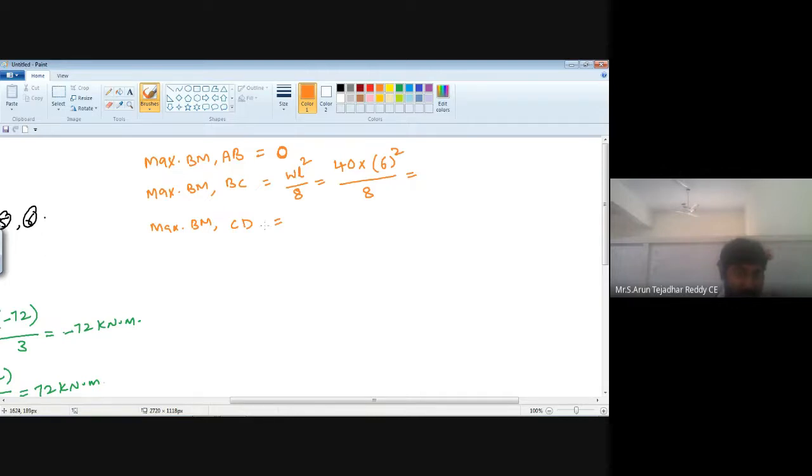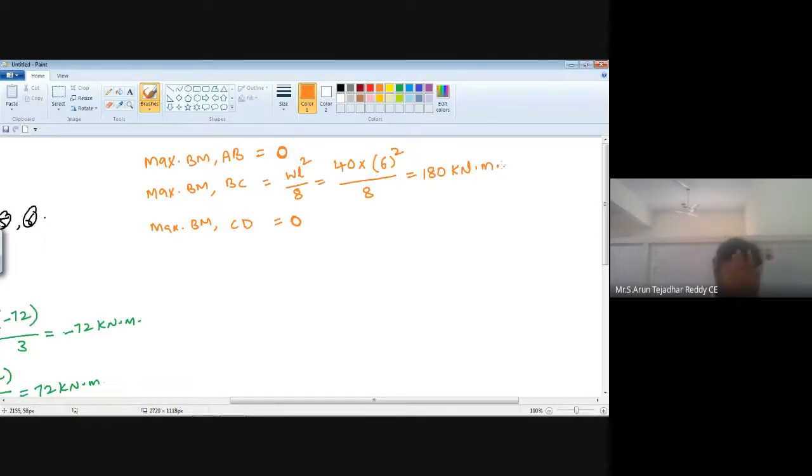If you observe the diagram, we don't have any load between C to D. So it is 0. Here the maximum bending moment AB is 0 as well as CD. But what about BC? That is 180 kilonewton meter.